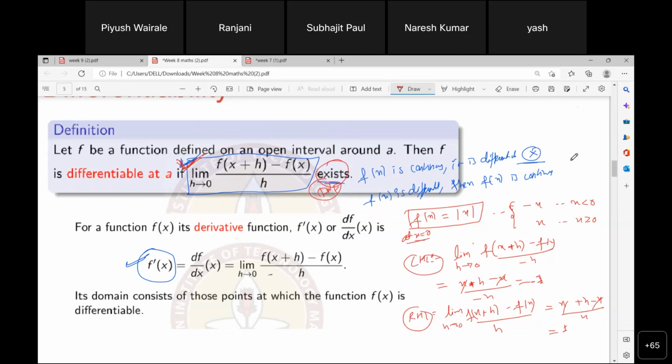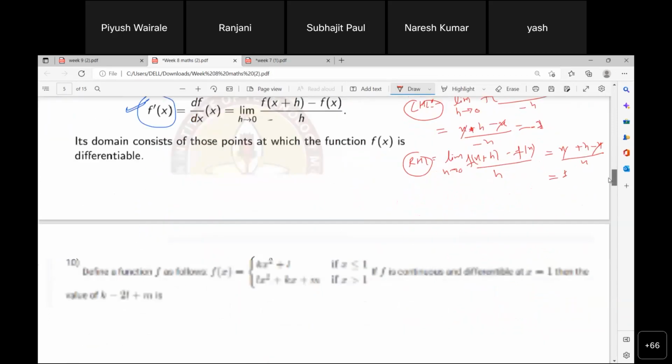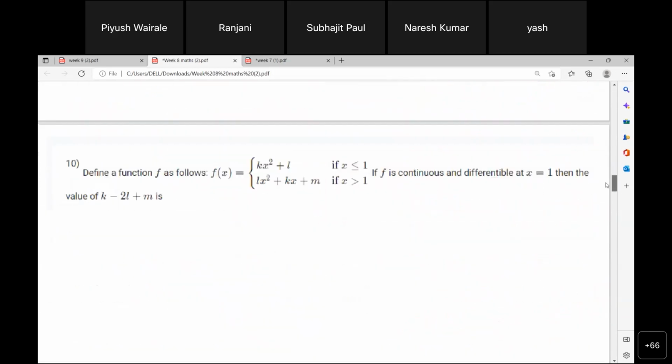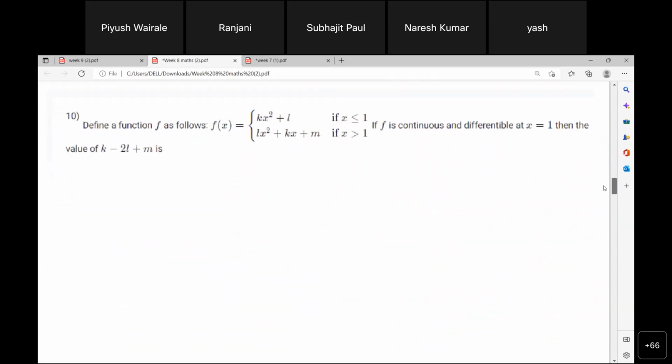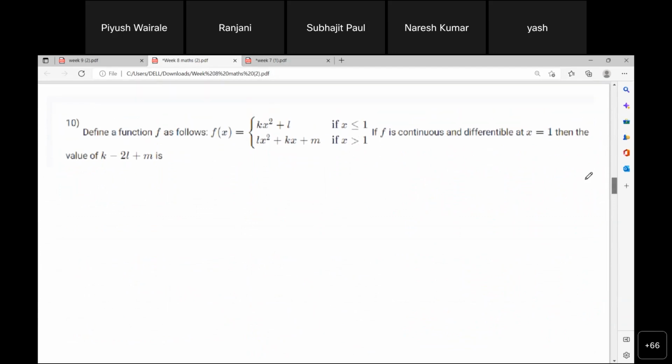Okay, any doubt in this part? If you understand what a continuous and differentiable function is, then we should be able to solve this particular problem. We are given this function f of x, and if f is continuous and differentiable at x equals 1, then what is the value of this?